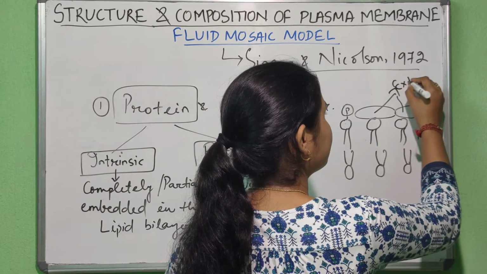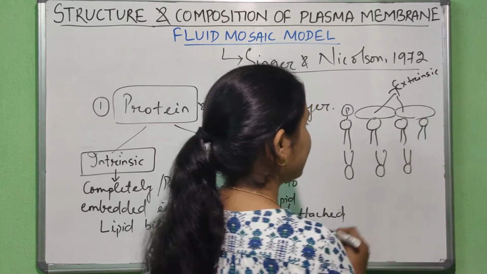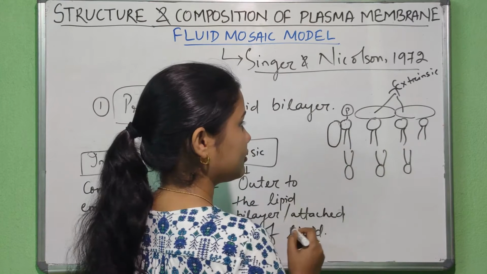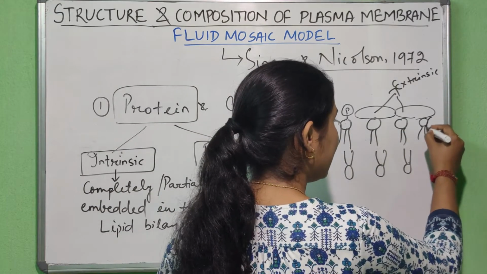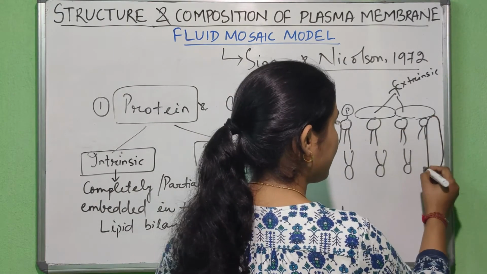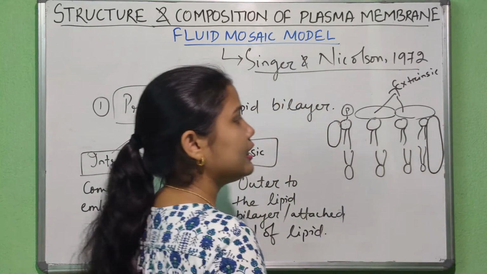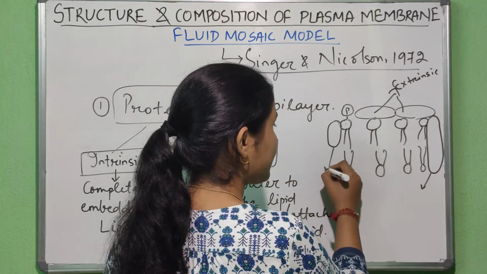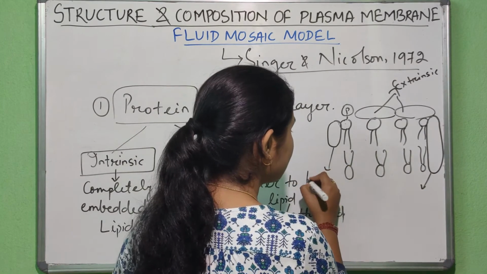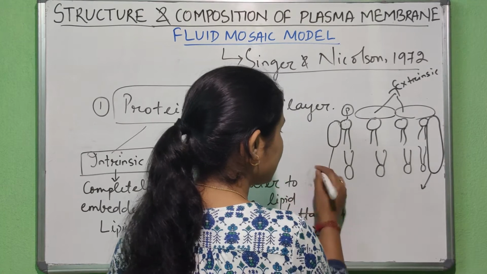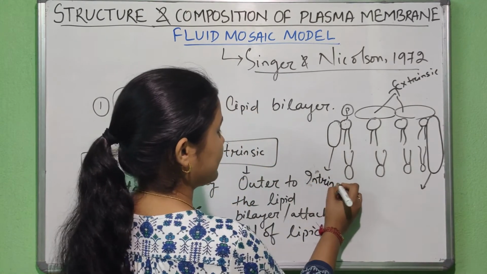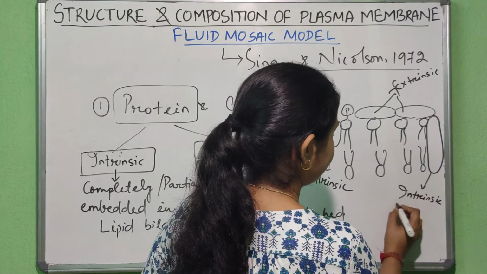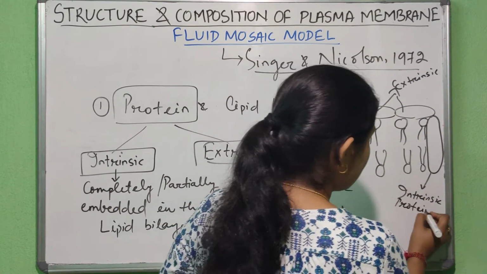Clear? And there are some proteins which are partially or completely embedded in the lipid bilayer. This is the completely embedded protein, this is the partially embedded protein, and both these proteins are called the intrinsic proteins. Clear?